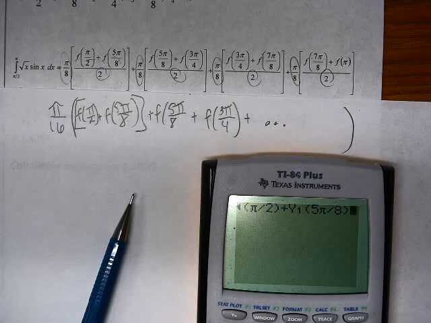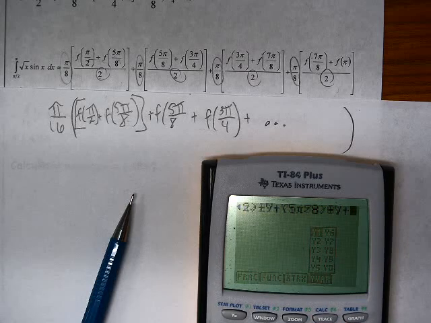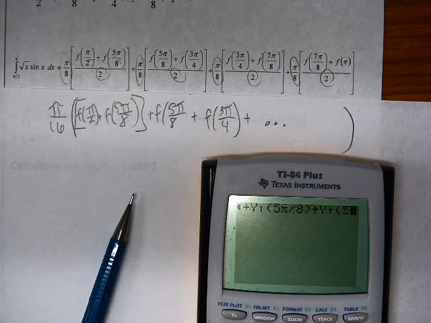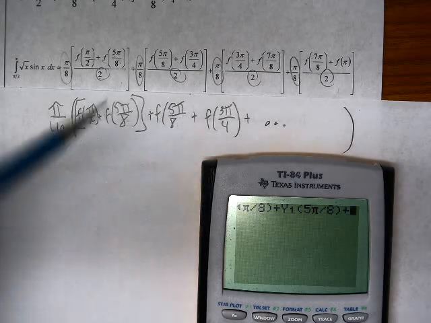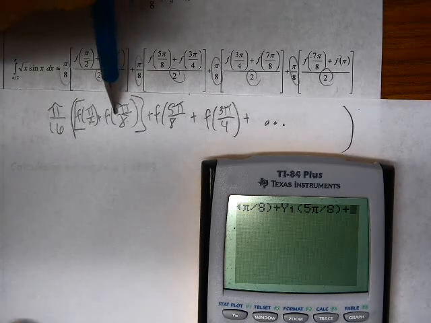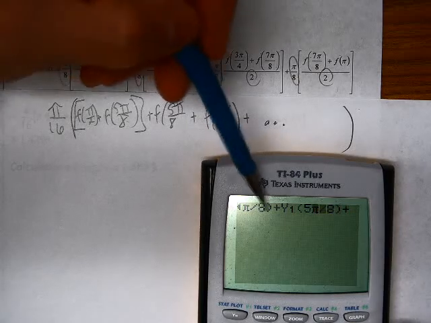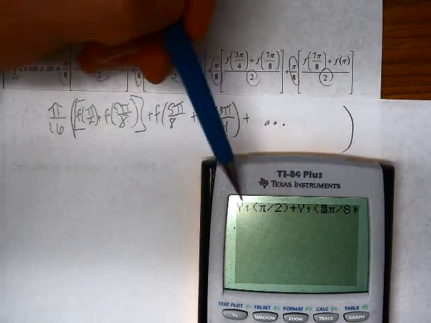Plus f of 5 pi over 8, plus, now notice here that if I look carefully at this, I just did y1 of 5 pi over 8 plus y1 of 5 pi over 8.